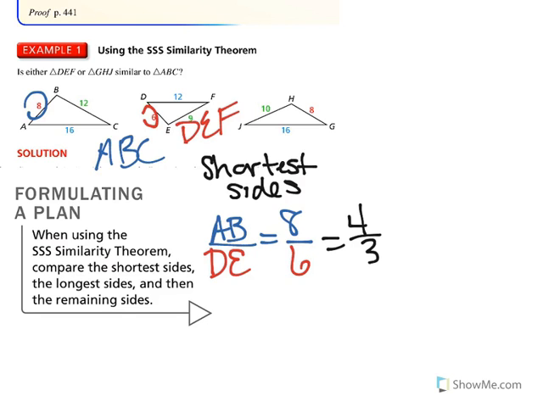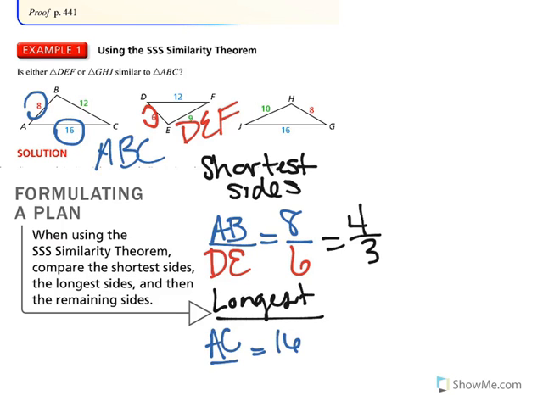Now I'm going to compare the longest sides. If I look at triangle ABC, 16 is my longest side, so AC is 16.